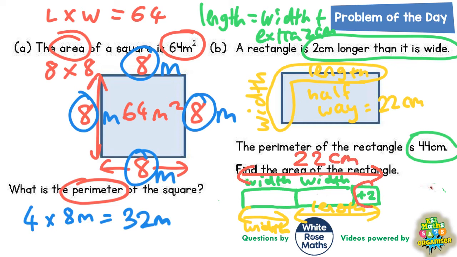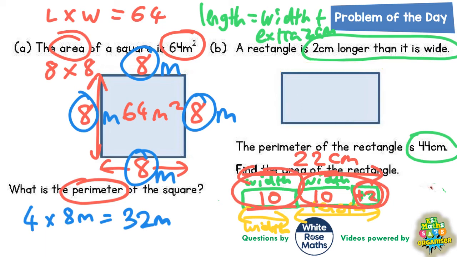But if we take off the 2 on the end, then that leaves 20. And then the 20 needs to be split equally between this bar and this bar, which leaves that being 10 in each bar. So therefore the width must be worth 10 and the length must be worth 10 plus the extra 2, which would be 12.